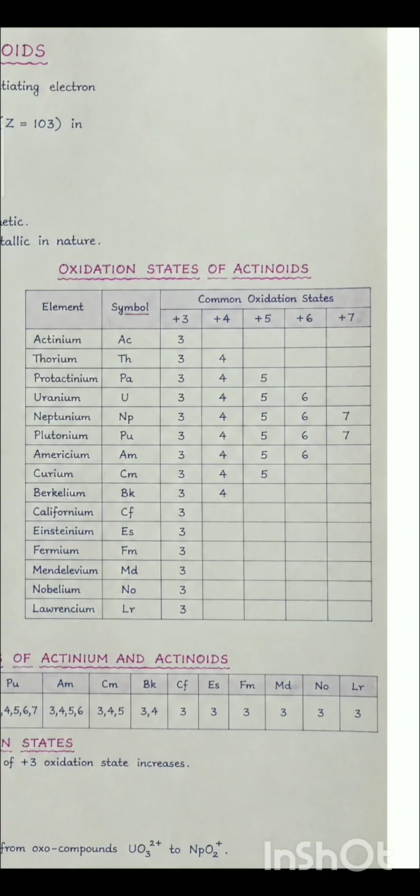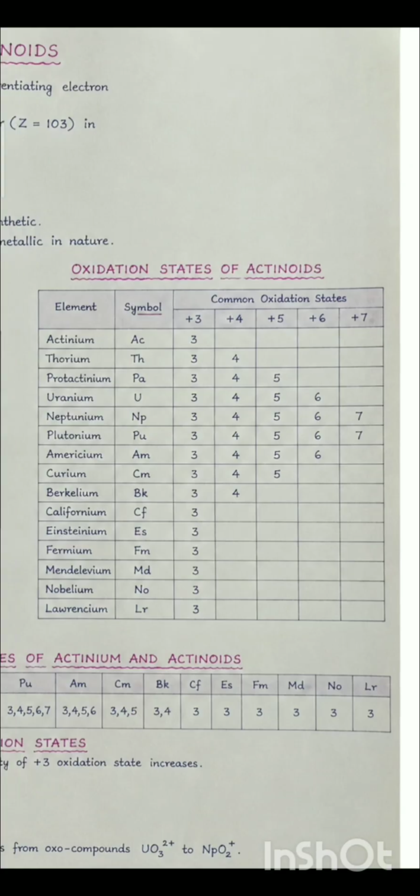And these also show variable oxidation states along with plus 3, that is thorium shows plus 3 and 4, protactinium shows 3, 4, 5, uranium shows 3, 4, 5, 6, neptunium shows 3, 4, 5, 6, 7, plutonium shows 3, 4, 5, 6, 7, and americium shows 2, 3, 4, 5, 6, like that. Along with plus 3, these possess plus 2, plus 4, plus 5, plus 6, plus 7 also.